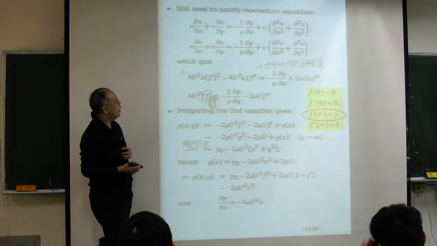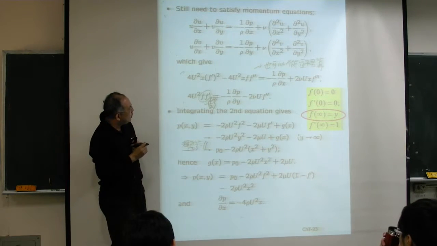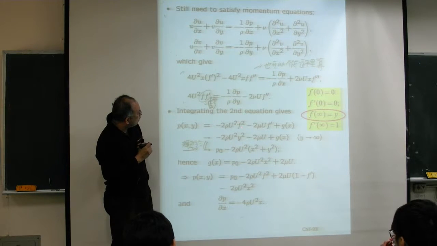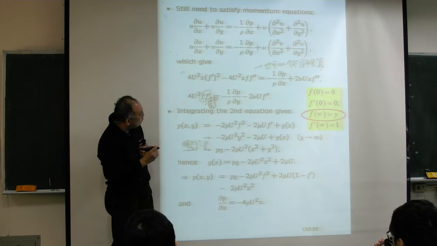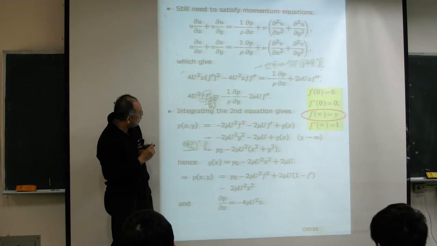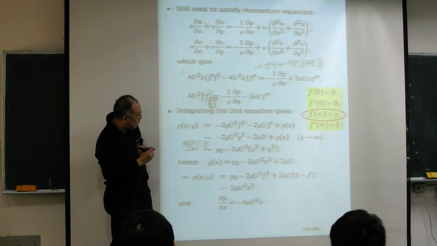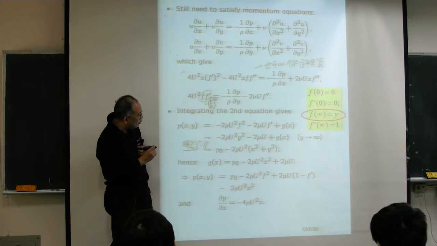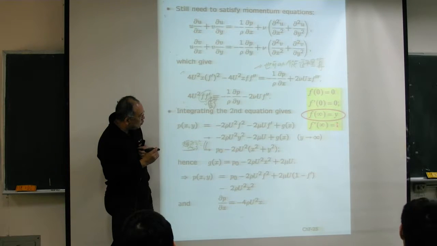So when y goes to infinity, what is f equal to? When y goes to infinity, f is equal to y here. Okay, so all this f squared becomes y squared. And what happens to f prime? F prime, as y goes to infinity, should be equal to 1.